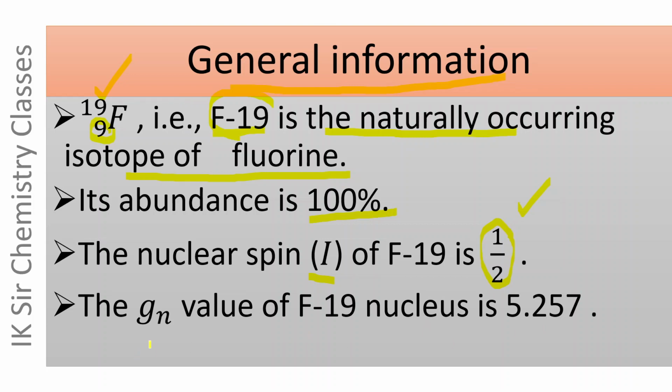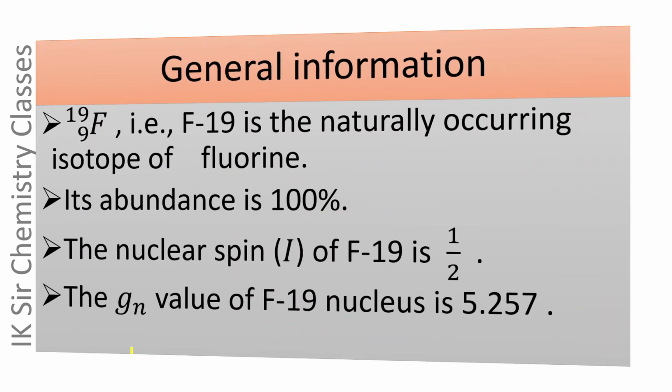Please note that the GN value, that is the nuclear splitting factor value of hydrogen atom, is 5.585. 5.585 is the GN value for proton, while the GN value for F-19 nucleus is 5.257. These two values are comparable.